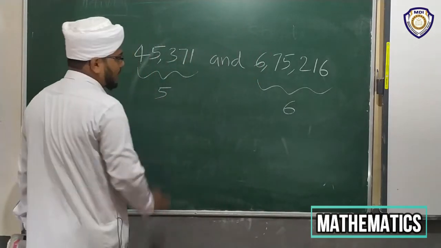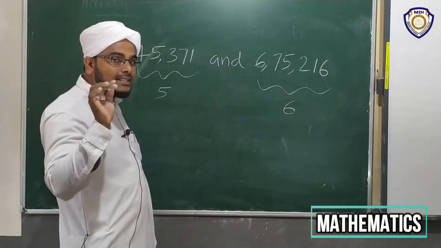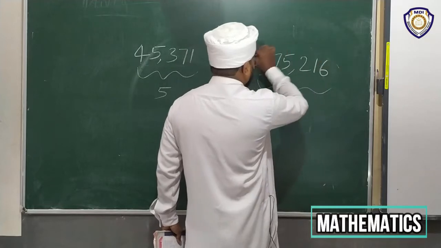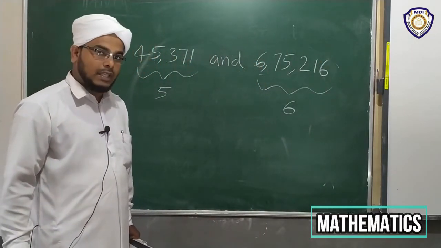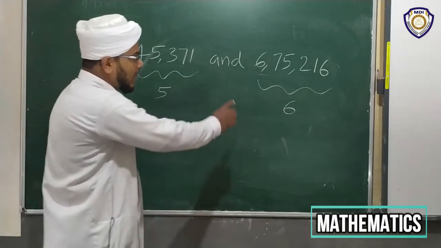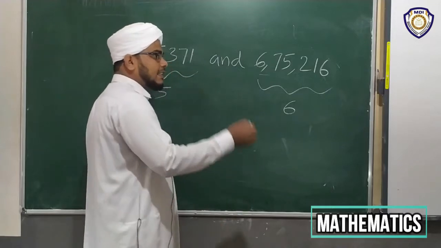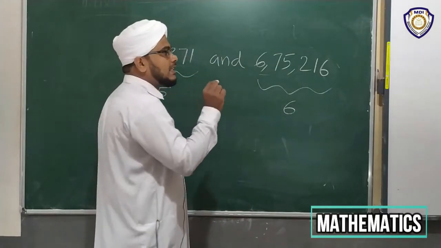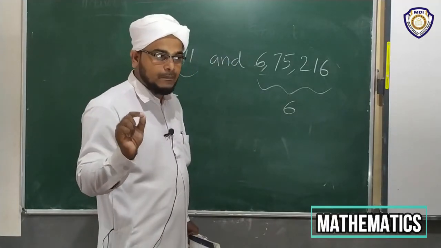Here 5. Then it is very simple to find out which is the largest number. Here this is the larger number than this. How can we find? We just count the digits. The number having more digits is always larger. Okay? Yes.